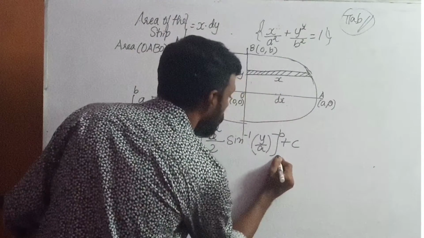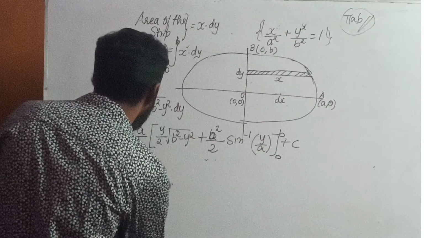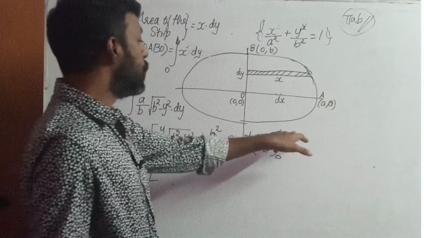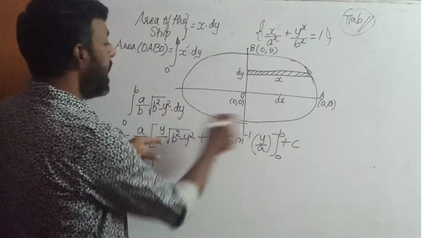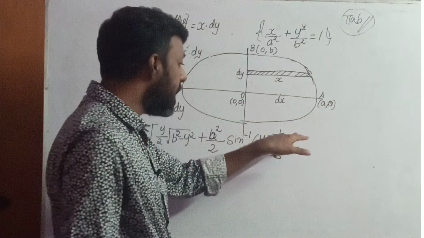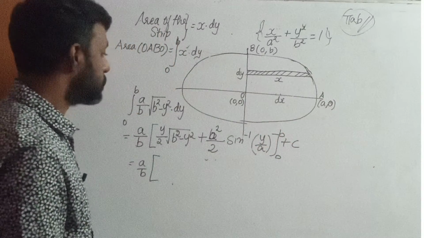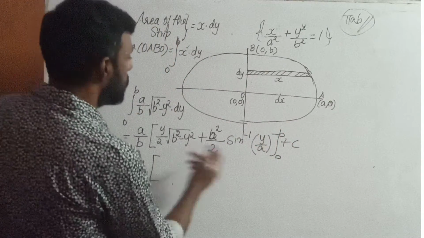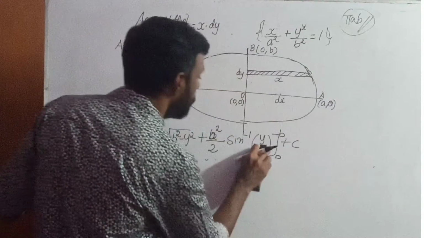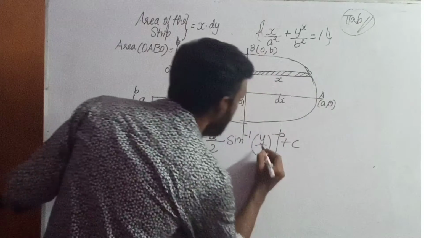It will be from 0. So now it will be a divided by b. I am going to substitute y in terms of b. So this will be y by b. Instead of a it will be b.